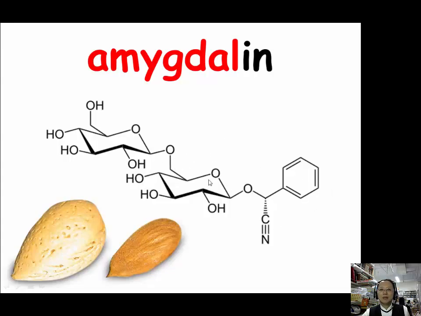When we eat amygdalin, it will split by enzymatic hydrolysis, forming glucose, benzylaldehyde, and hydrocyanic acid. This part is what causes us to get cyanide poisoning.